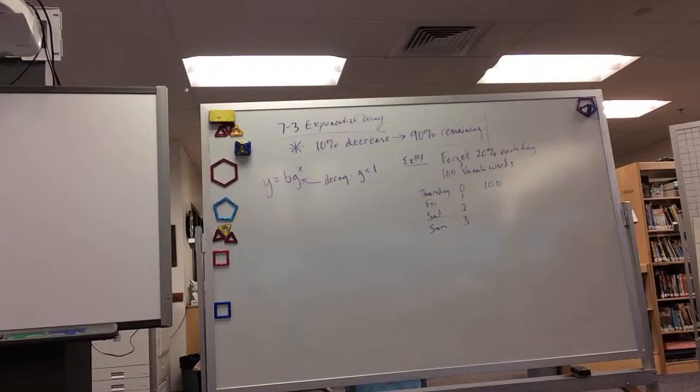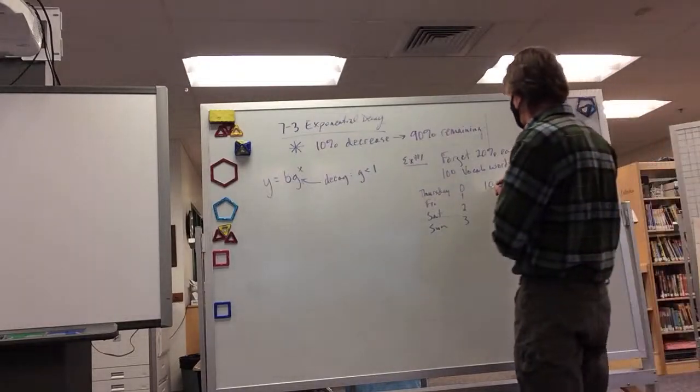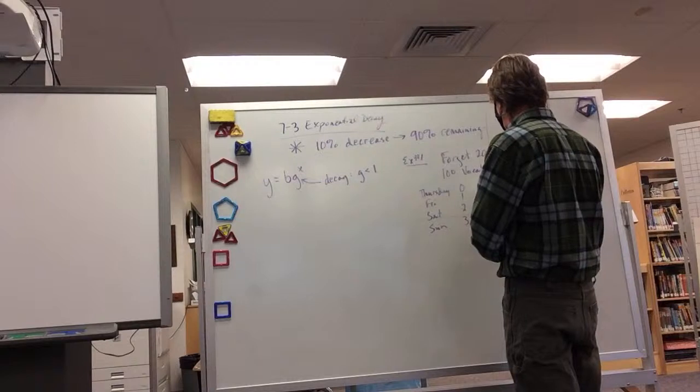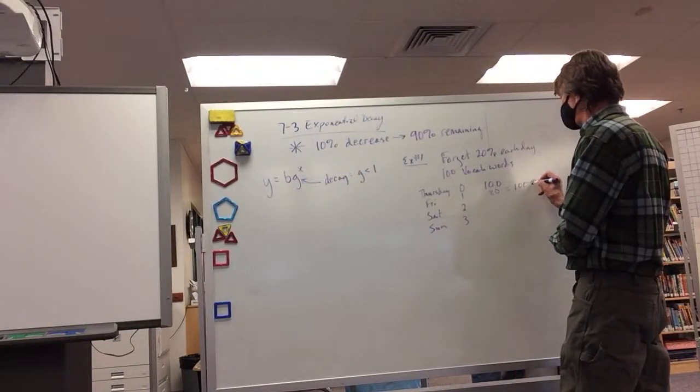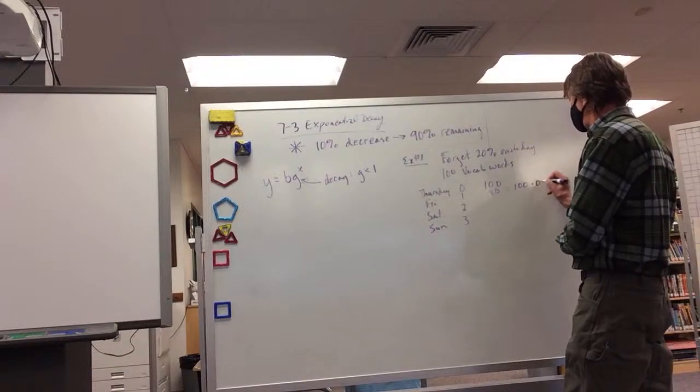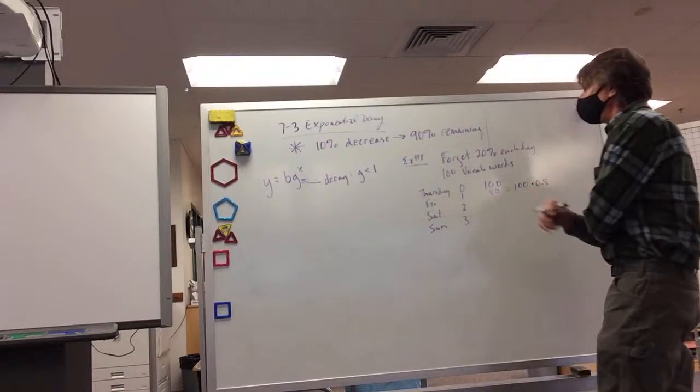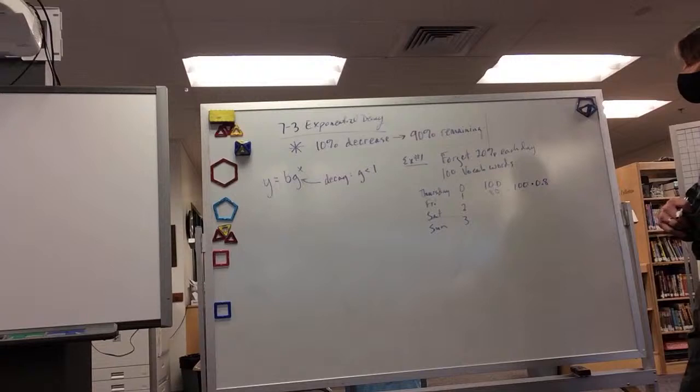So if they forget 20% from Thursday, how many will they remember on Friday? They'll remember 80. So we could say that that's 100 multiplied by 0.8. So they lose 20%, they keep 80%.